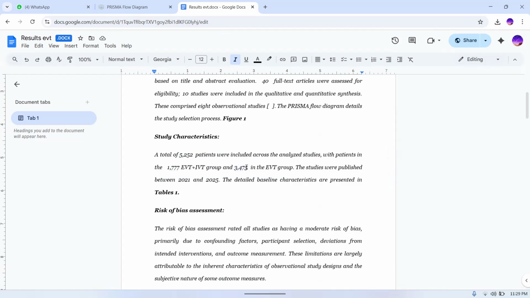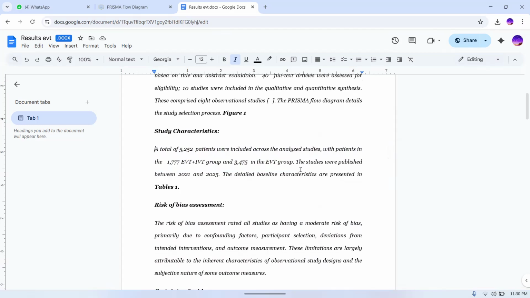Extract the sample sizes from the studies correctly. Once you write the study characteristics, your first line shall be about the sample sizes.